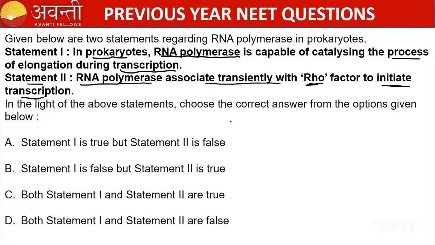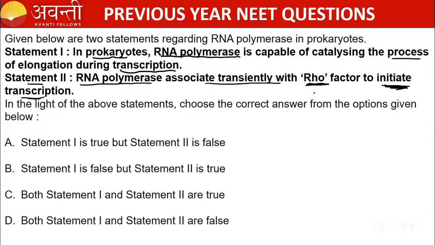What you have to understand in statement 2 is, what is that factor? Rho factor. What is that step? Initiation. Is the Rho factor going to bind to the RNA polymerase enzyme during the initiation or during the termination? That you have to think.